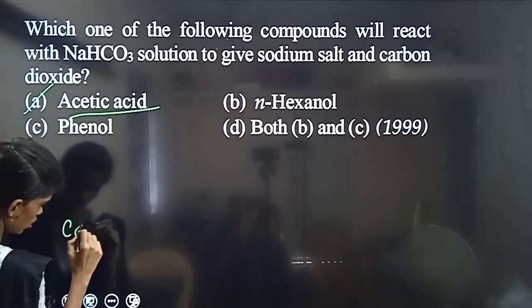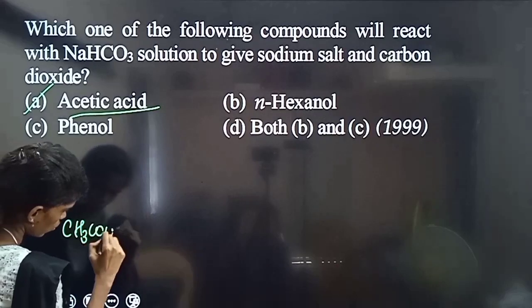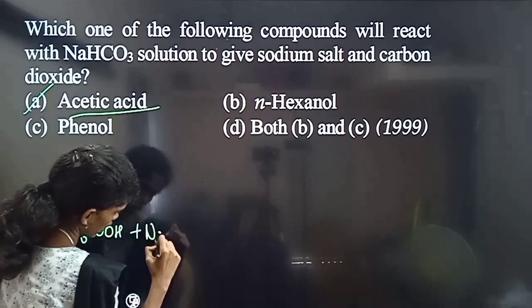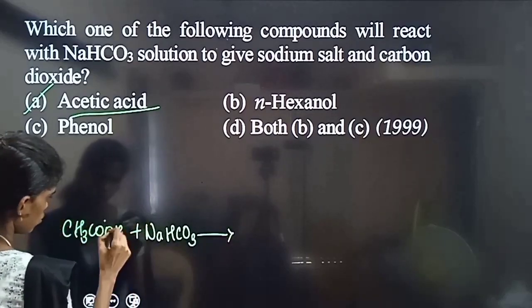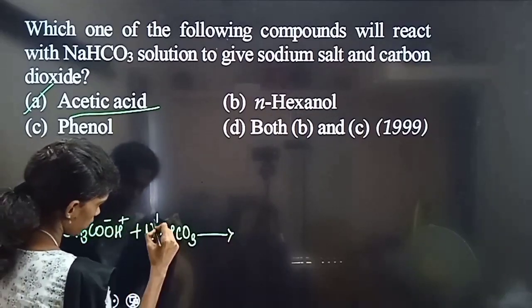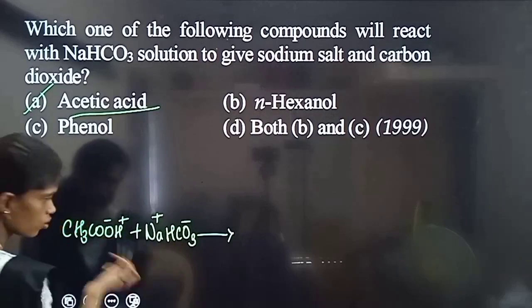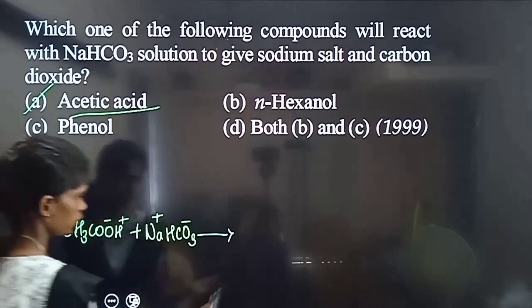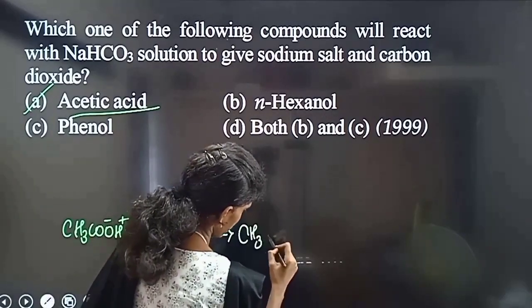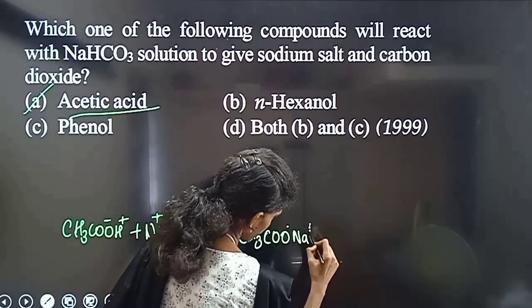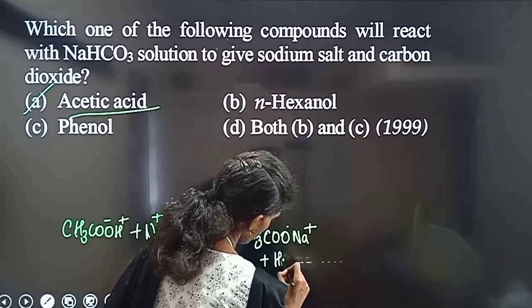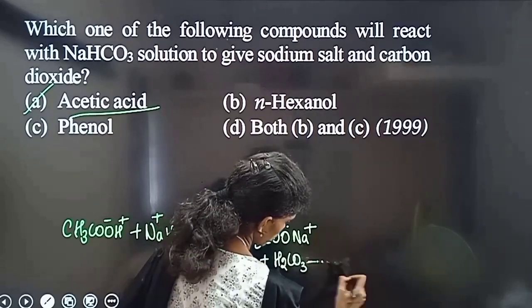So acetic acid, CH3COOH plus NaHCO3 gives CH3COO minus Na plus plus H2CO3, by the cation anion exchange, plus minus exchange. H2CO3 will form.